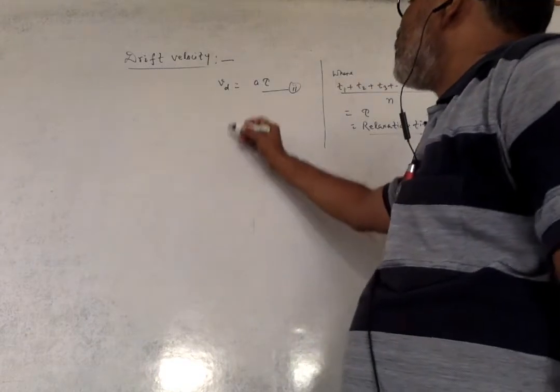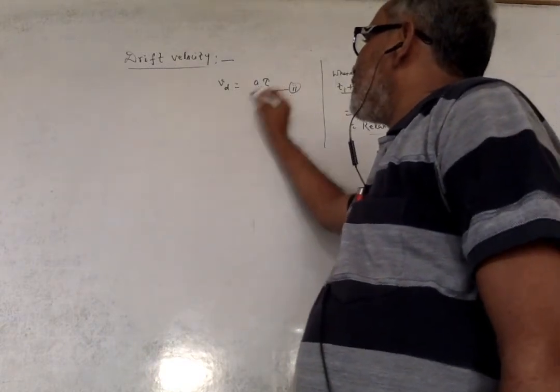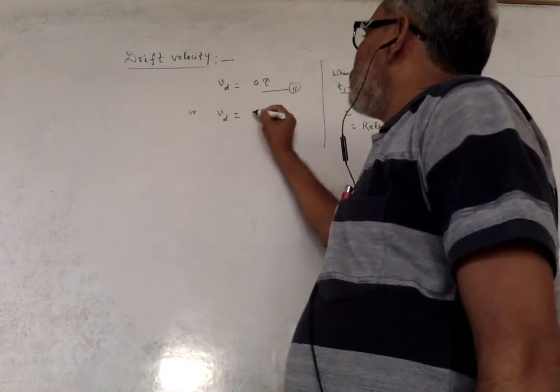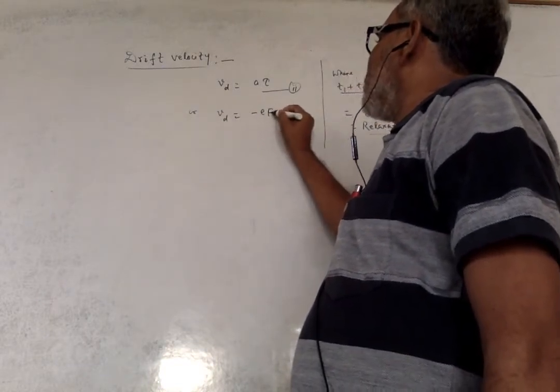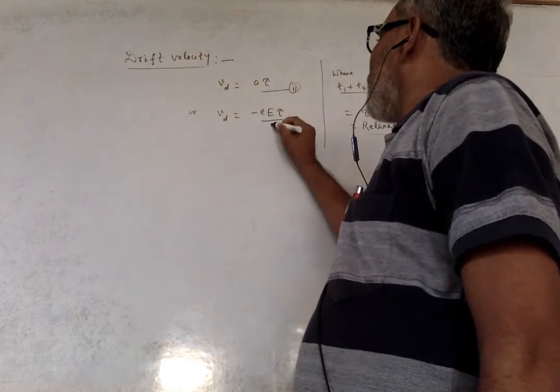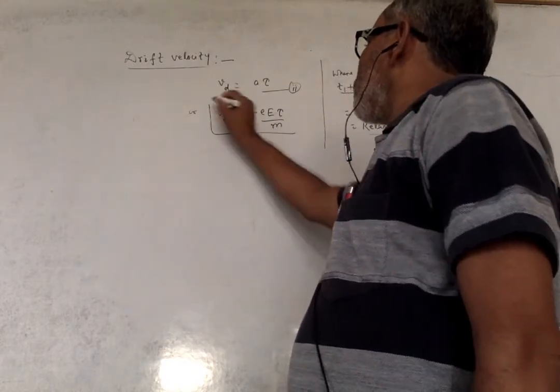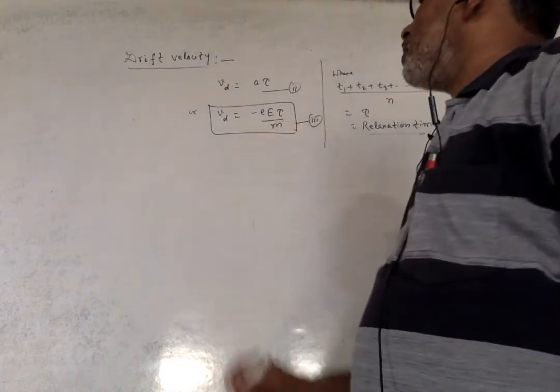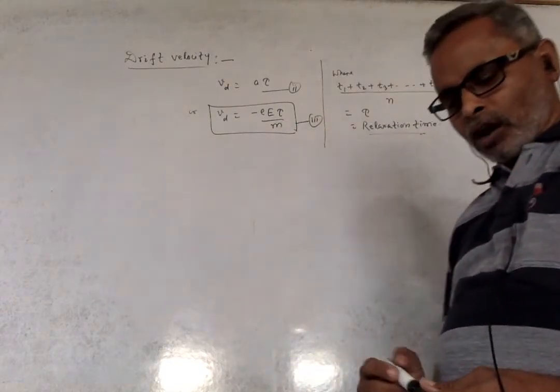Now from equation first we put the value of A. Then we get Vd equal to minus E tau by m. This is the formula for drift velocity.